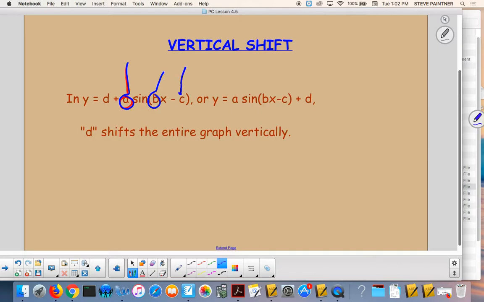This back here is a right or left movement. And the D value, what's the D value? The vertical shift. That's up and down. What does D do? It moves your graph up D units or down D units. So when you see it, it's the last thing you do. You take your parent, you go up 3, down 3.